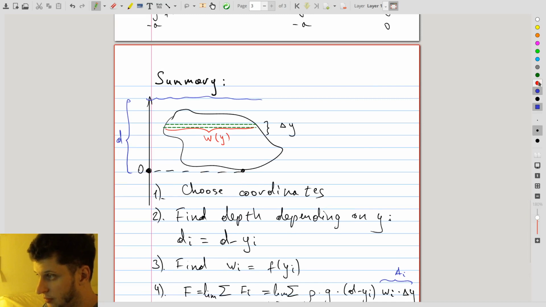Now, the integration always occurs in the range for y which includes the shape. So for example, in the picture here, we will be integrating from 0 to this point over here, because there is no shape that's involved in this hydrostatic force above this level.